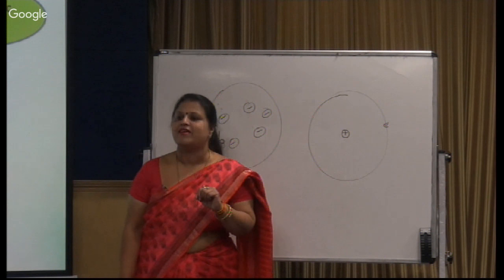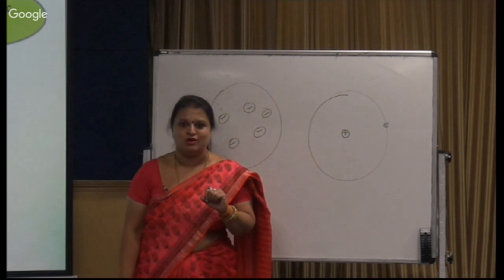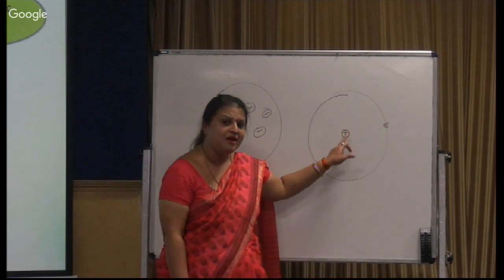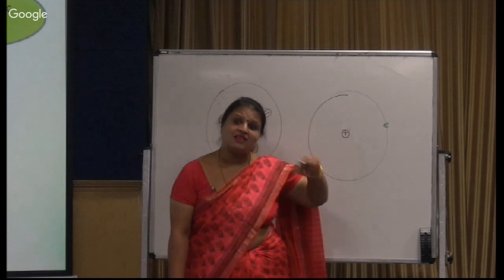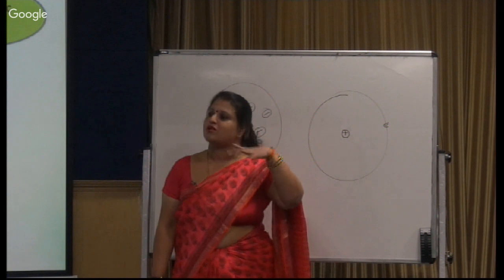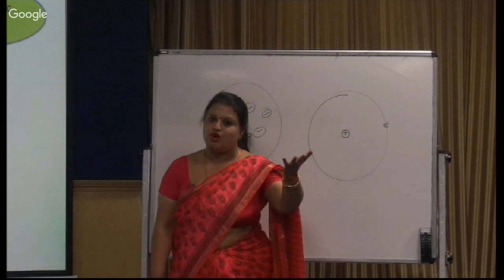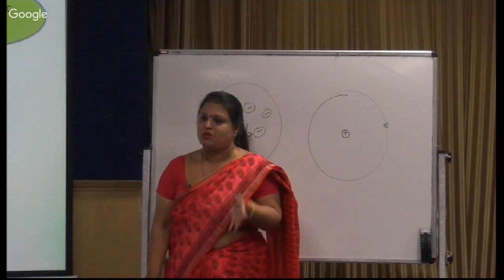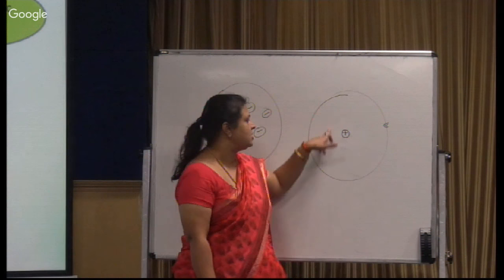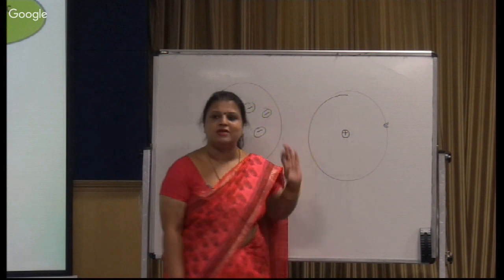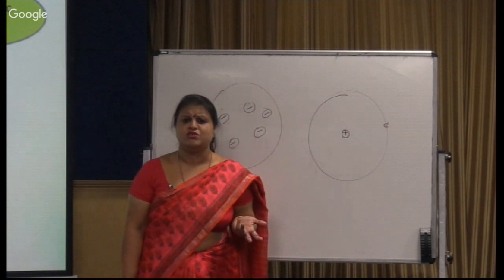That means there are certain other particles also present in the nuclei, which have some mass approximately equal to that of a proton, but zero charge, because as such, this body at the center was positively charged, which obviously is due to protons.